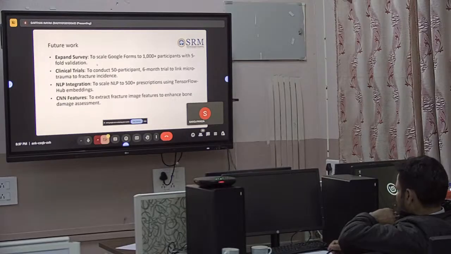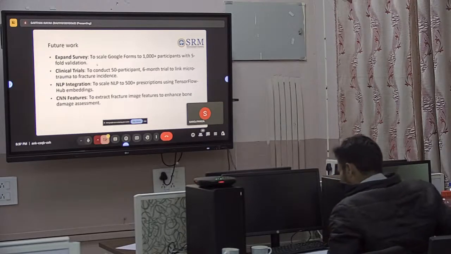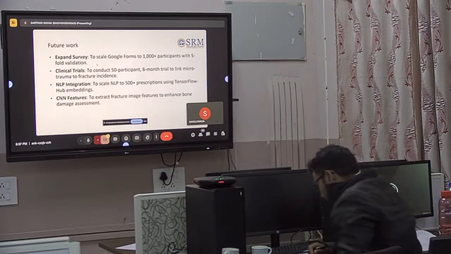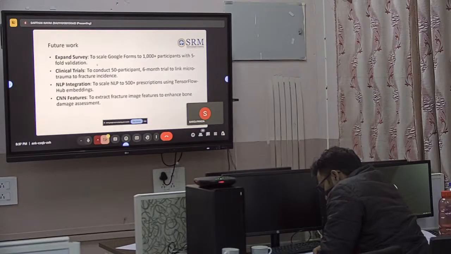Also including the NLP feature and putting it all under the same umbrella, so that people who don't have access to expensive bone density scans or other expensive measures can make use of this system to prepare themselves beforehand. This could also be implemented into an app or a wearable device where we store data continuously.